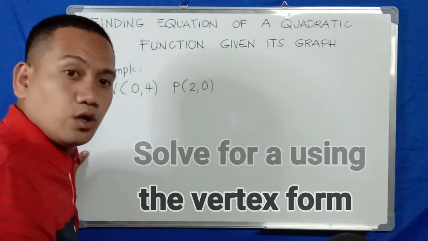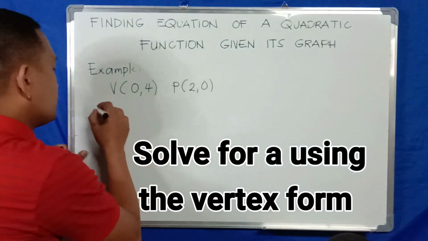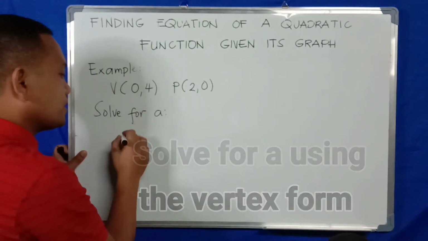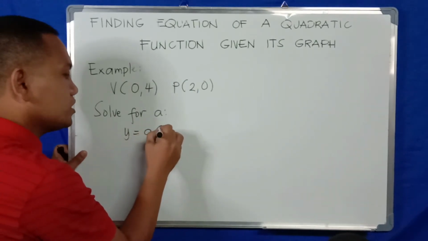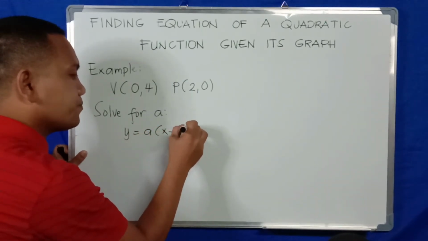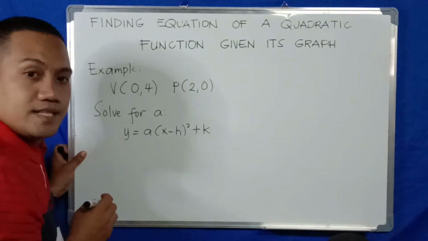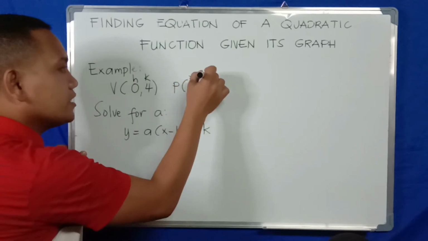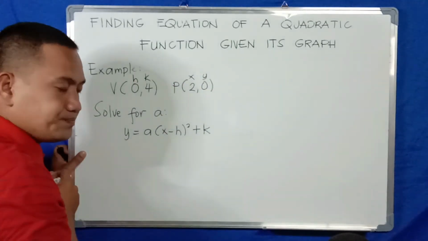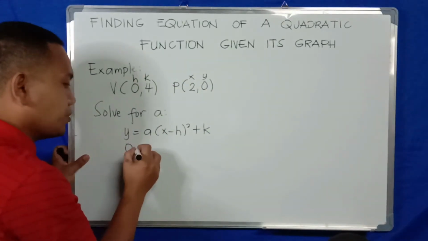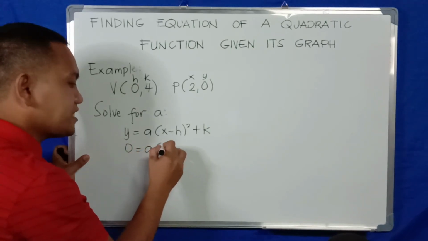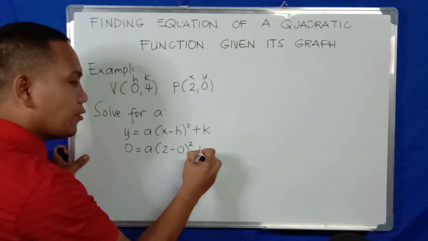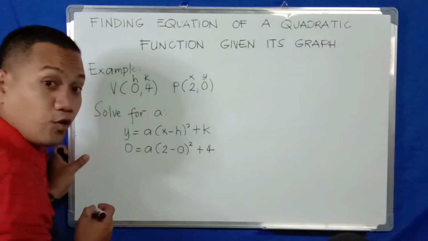Again, we will solve for our a. So that is using our vertex form represented by y equals a times the quantity x minus h squared plus k. Simply substitute our h, k, x, and y in this form. So our y here is 0, a is unknown, x is positive 2, h is 0, squaring it again, and our k is represented by 4.